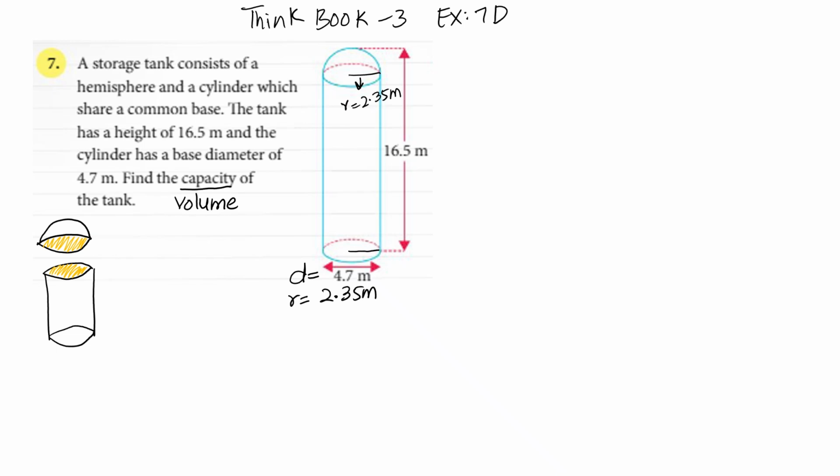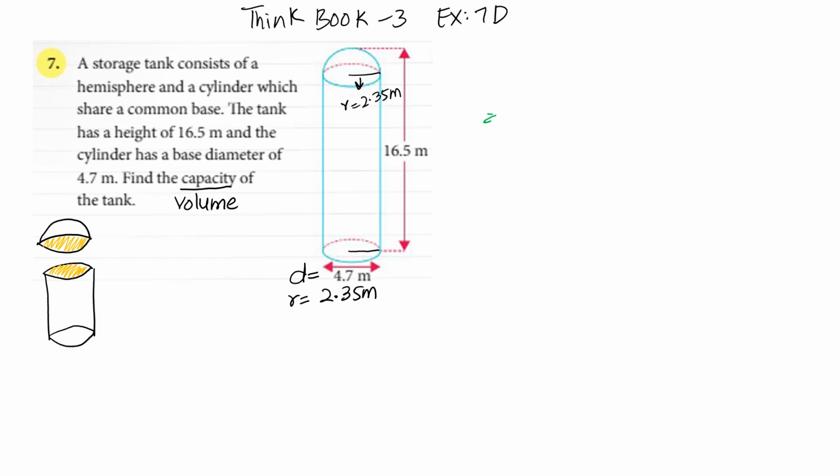Let me just draw with the green color. We focus on the hemisphere part. This is the hemisphere radius as shown, 2.35 in a horizontal line. Likewise, if I draw a line starting from the center of the hemisphere and leading upward like this, this is also the radius of the hemisphere, right?